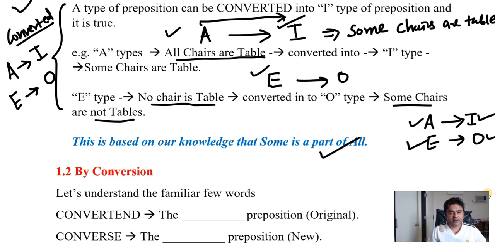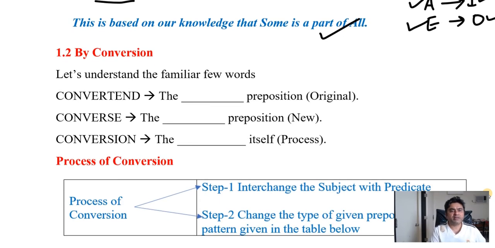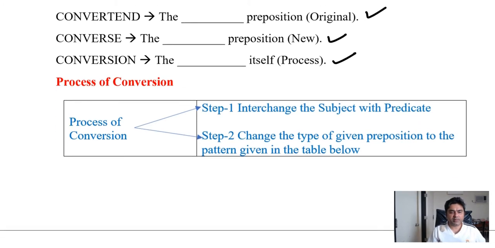For example, all boys are good. This is an A type of proposition that can be converted into some. So I can say some good are boy. So I am converting A to I.